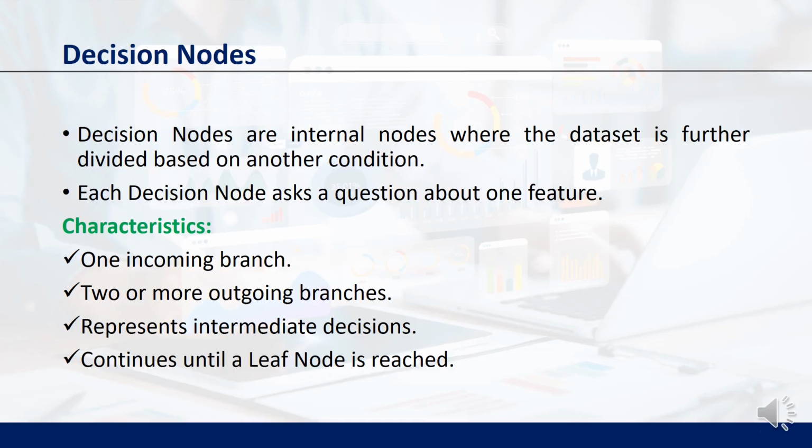The answer determines which branch we follow next. A decision node generally has one incoming branch and two or more outgoing branches. The process continues until eventually we reach the leaf node. So remember, the root node starts the process, decision nodes continue the decision making process, and the leaf node provides the final prediction.